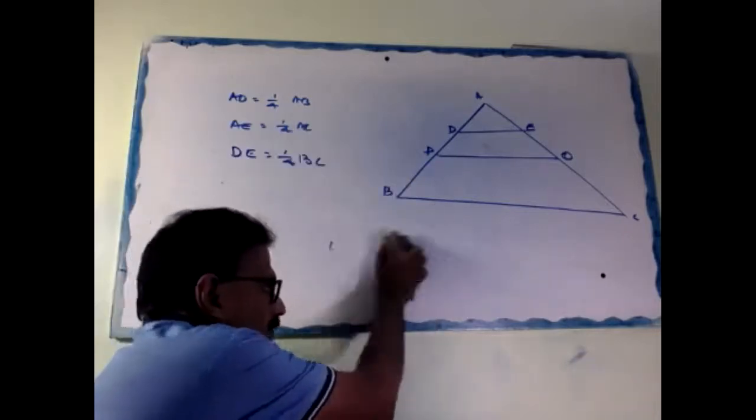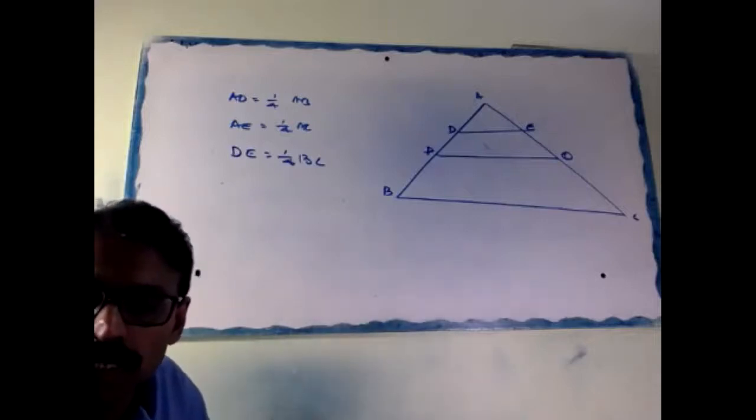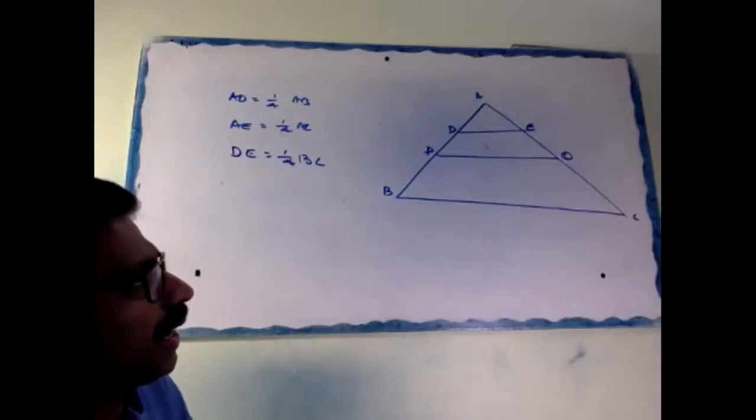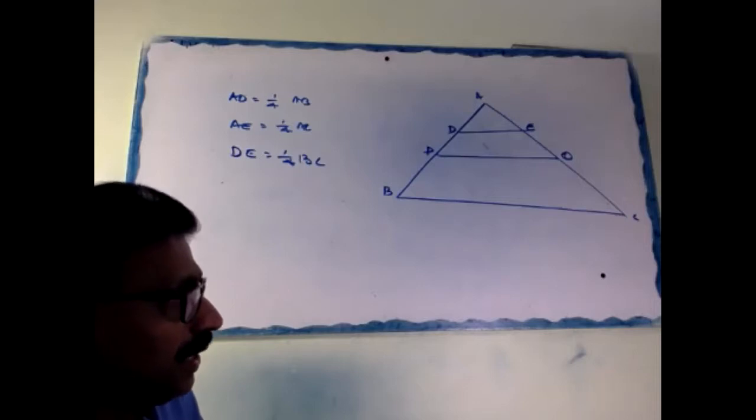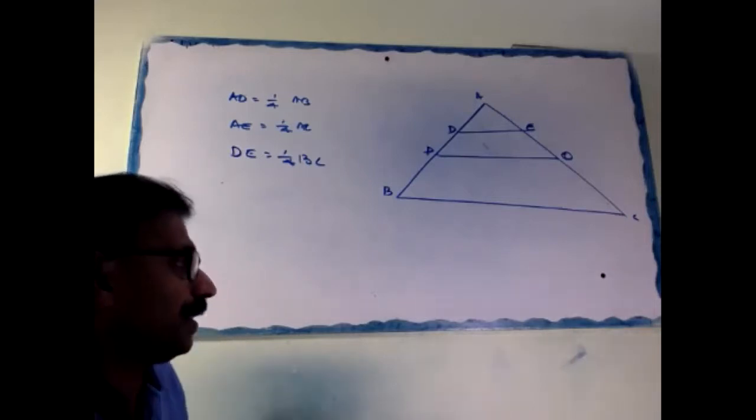Okay. Now look here. I'll give it now. Don't write anything. In triangle APQ, D and E are the midpoints.